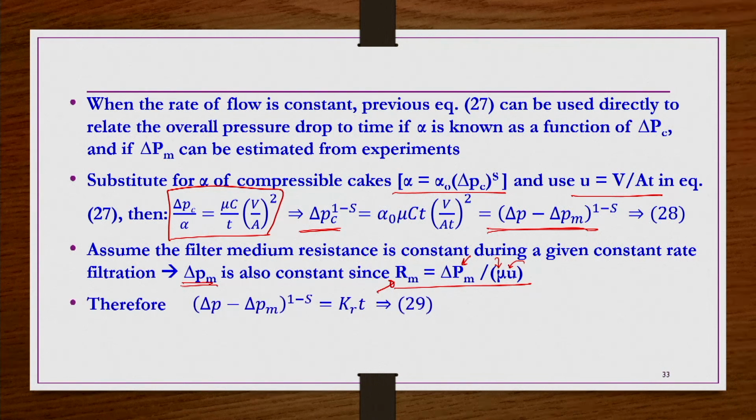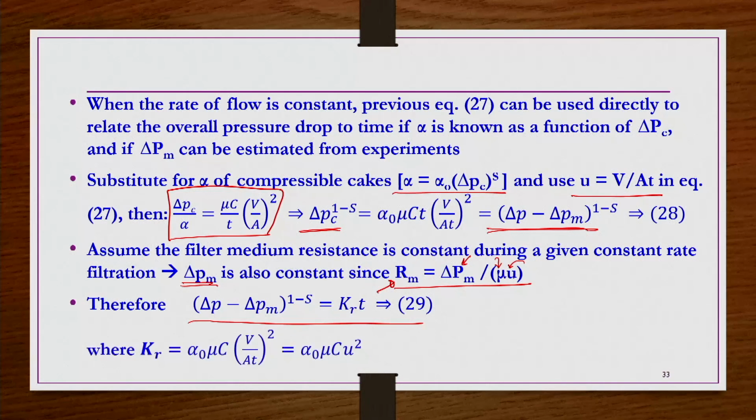So, this equation we can write as delta P minus delta Pm whole power 1 minus s is equal to K_R t, and then K_R is nothing but alpha naught mu c, V by A t whole square. And then this V by A t, if you write it as u, then K_R can also be written as alpha naught mu c u square. That is about constant rate filtration.